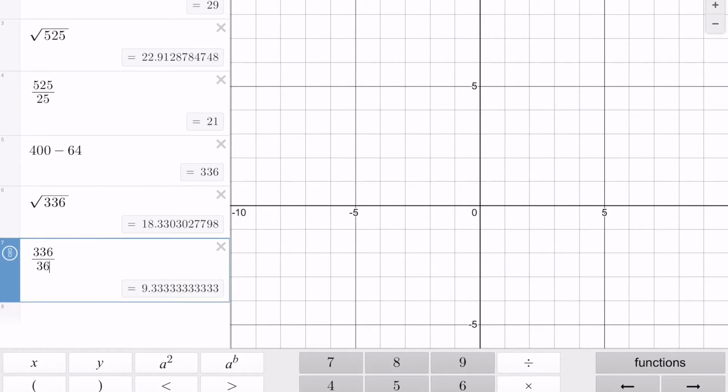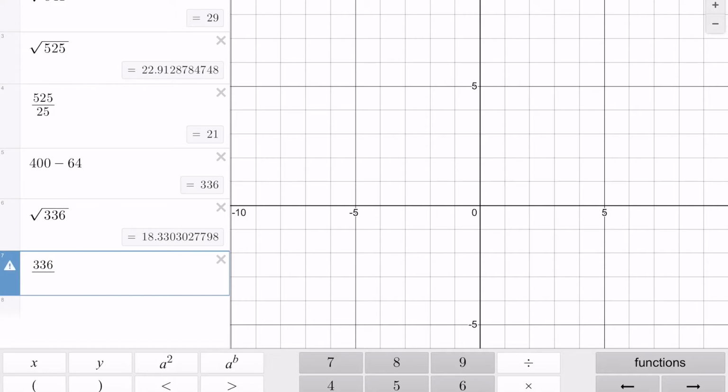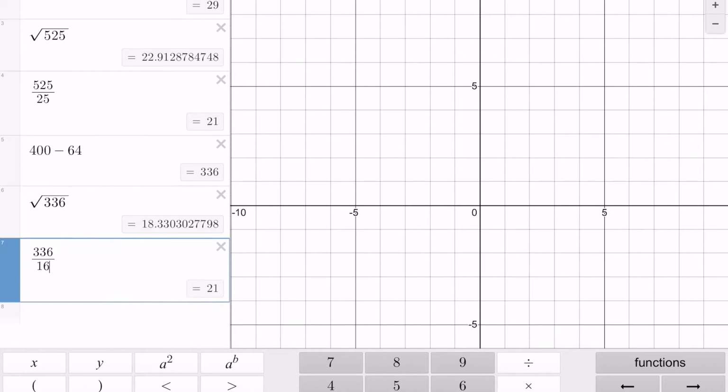No, that doesn't work. How about 2? Okay. How about 4? All right. 4. What about 16? Because that's the next perfect square. 16 and 21. 21 is 7 times 3. So I know that that is as low as that's going to get.